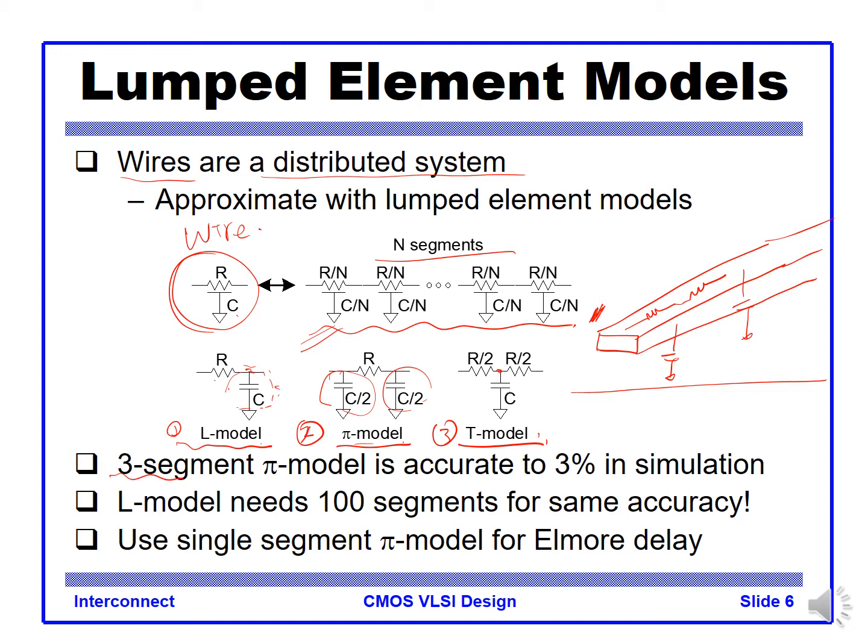So typically we use a 3-segment pi model. Meaning we have three sections, each with R over 3, R over 3, R over 3, and the capacitance is 1, 2, 3, 4, 5, 6, so C over 6 for each one.